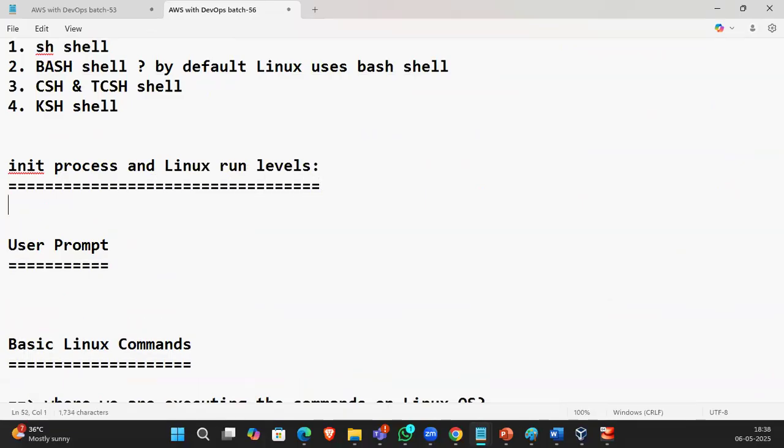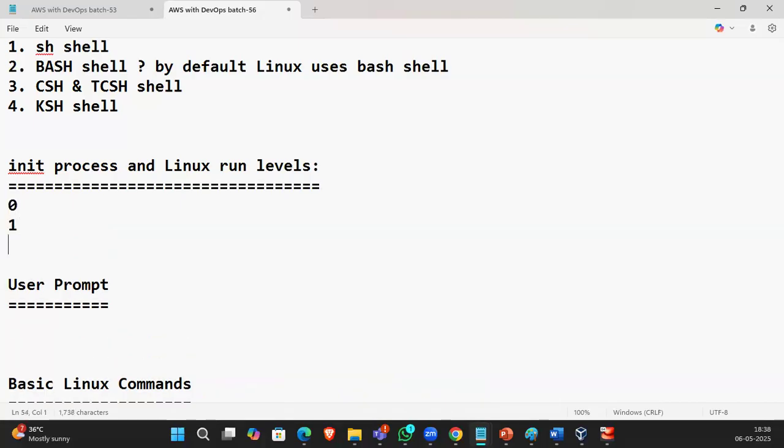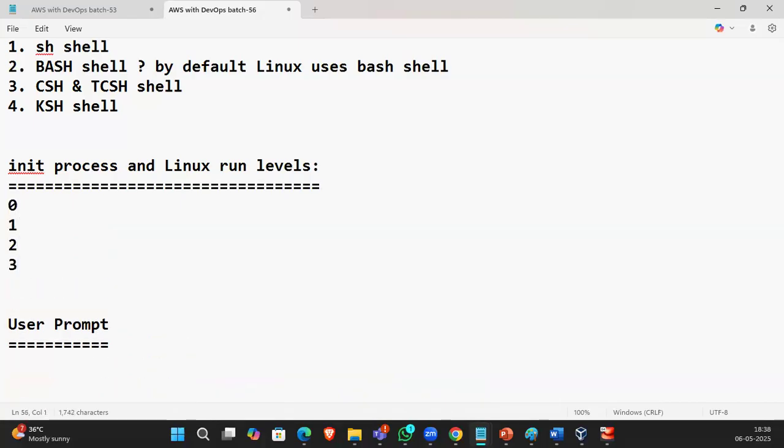You asked, right? Why are you using init 0 for shutdown and init 6 for restarting? Yes, for restarting and shutdown we use them as root. The run levels are 0, 1, 2, 3, 4, 5, 6.